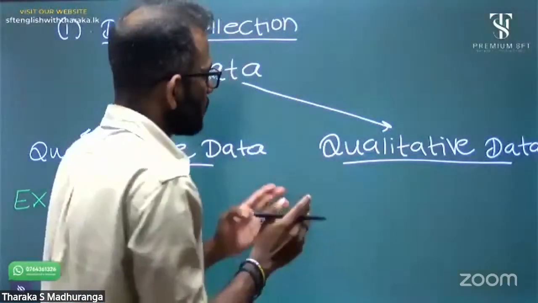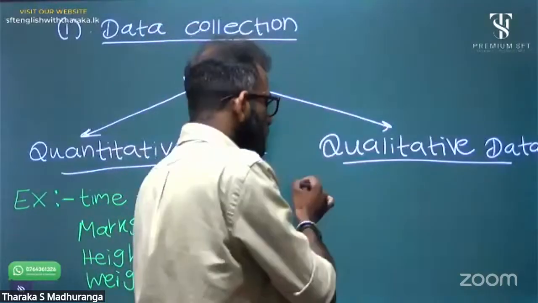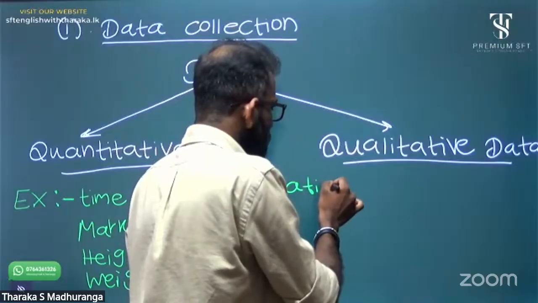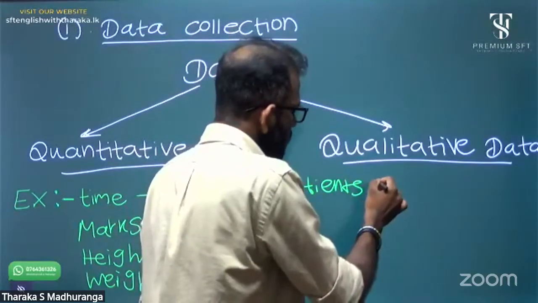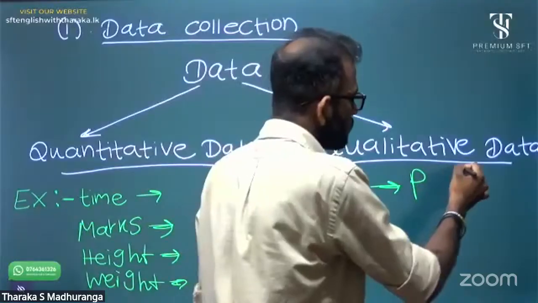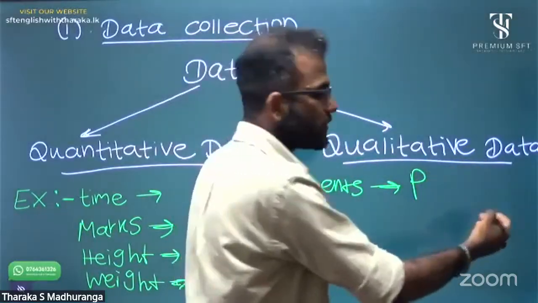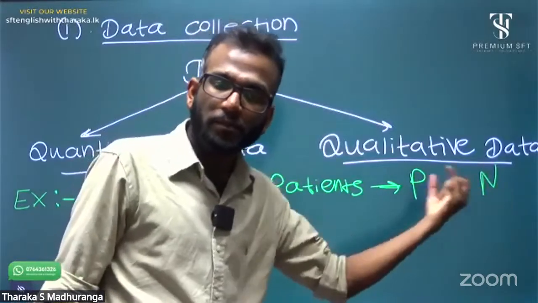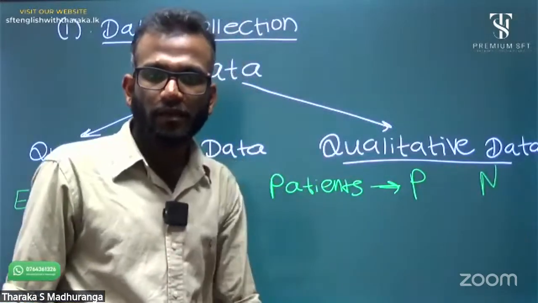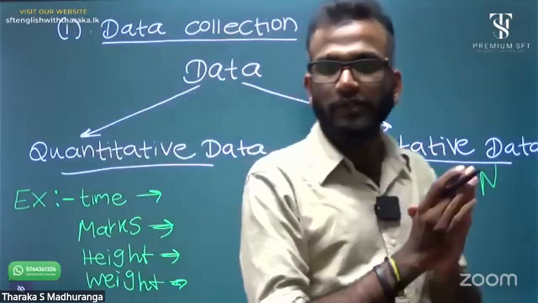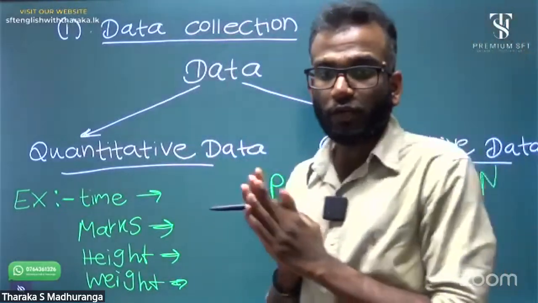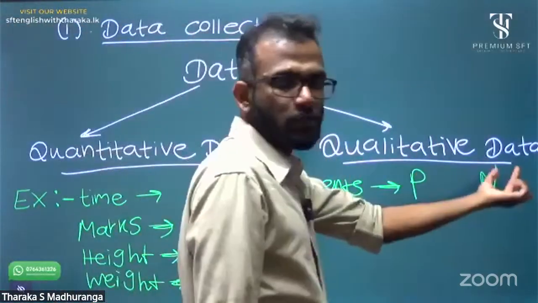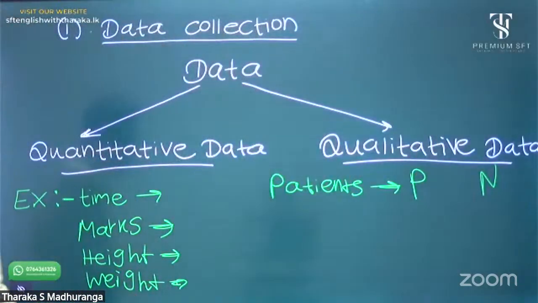We can classify patients in clinics into COVID-19 positive patients and negative patients. That's qualitative. It's a quality, not a numerical number, due to characteristics. Positive and negative. Okay, what else? Can you give me another example?